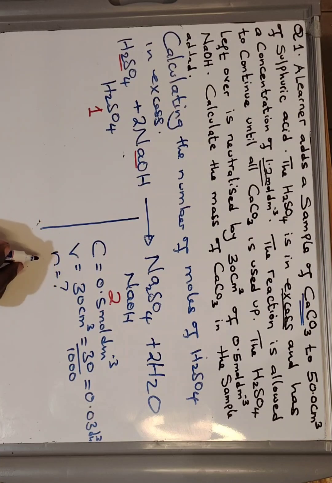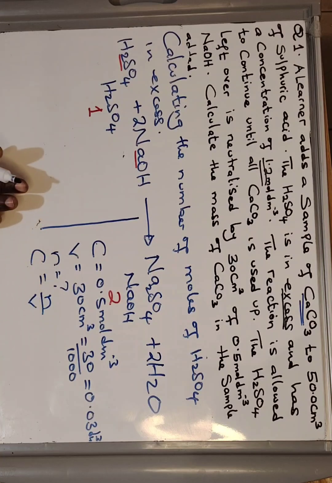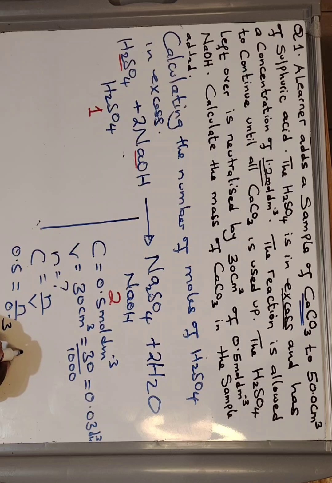The equation is very straightforward. It says concentration is equal to number of moles per unit volume. So what do you have here? 0.5. And what do you have there? You are looking for number of moles, but you have the volume, which is 0.03. So this one will give you the number of moles.